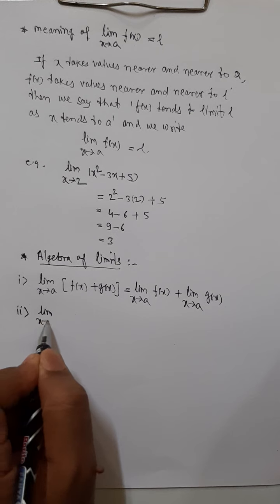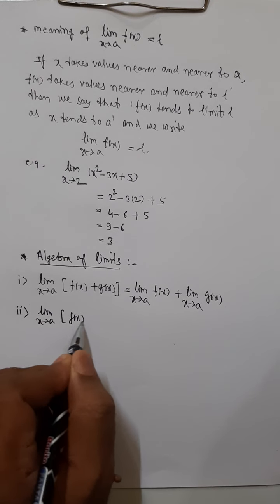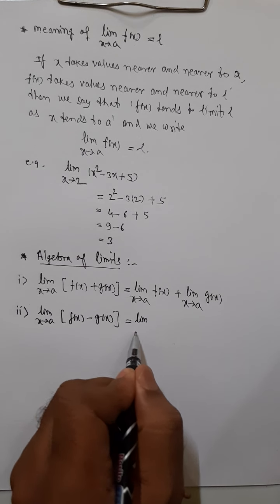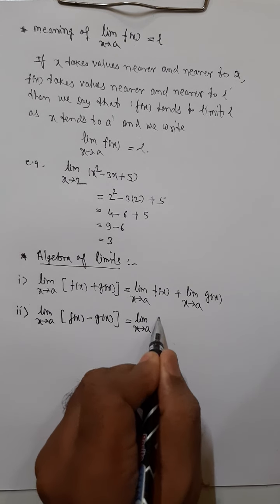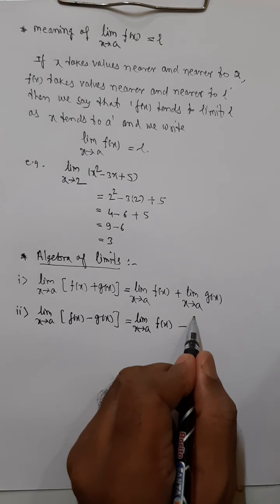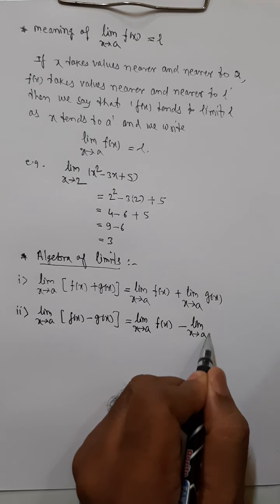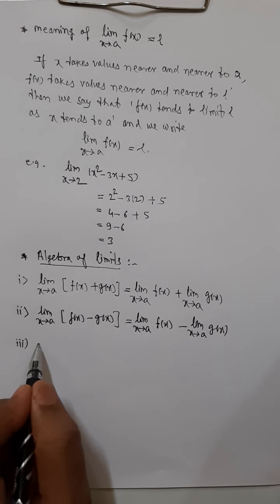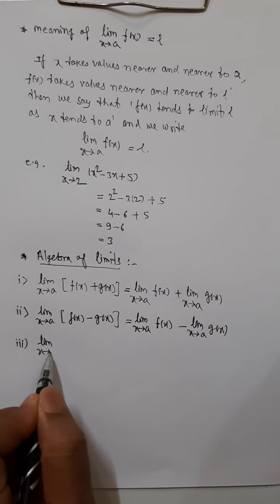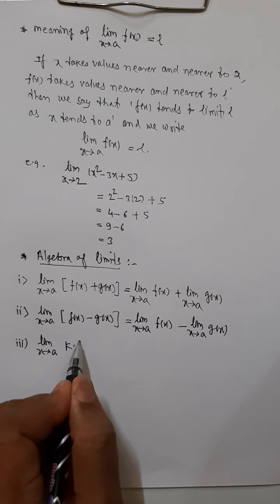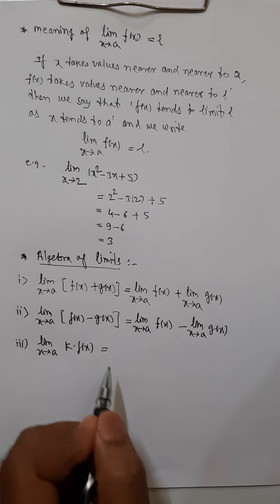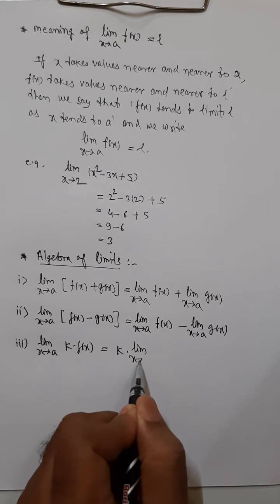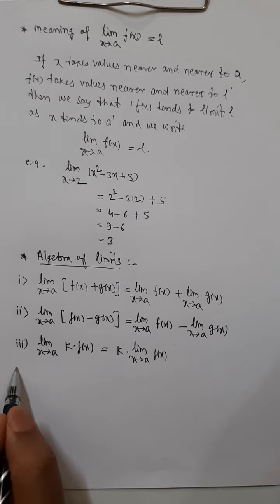Similarly, limit as x tends to a, if a difference is there, f of x minus g of x, we can also take limit of each function, each term separately. Minus sign is there, limit as x tends to a of g of x. Next, limit as x tends to a of k into f of x is equal to k, where k is a constant; the constant can be taken outside the limit, as x tends to a of f of x.